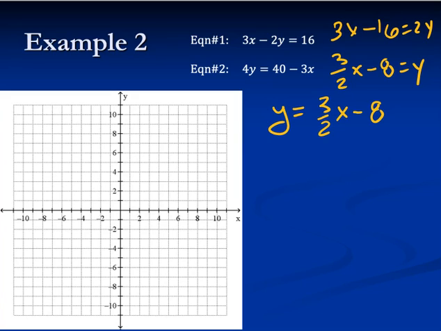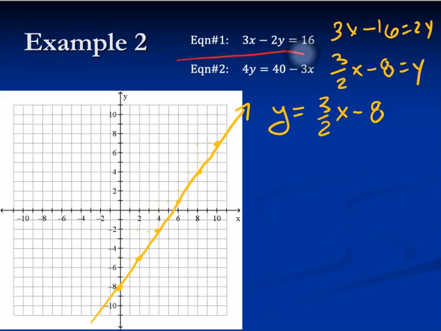I'll start at negative 8. My slope is 3 over 2, so I'll go 3 up, 2 to the right. I'll keep doing that, 3 up, 2 to the right. And we see the line comes through here.